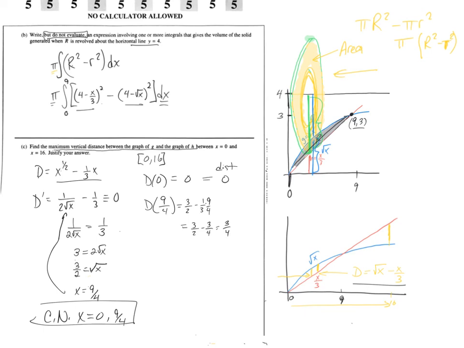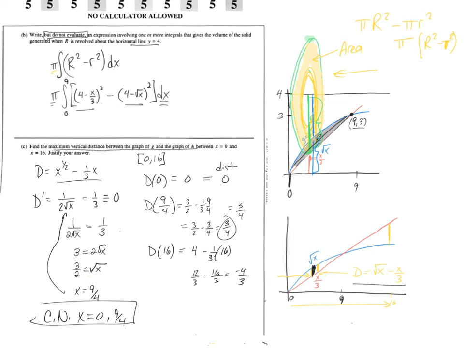And then d of 16 is 16 to the 1/2, or the square root of 16, which is 4, minus 1/3 of 16. That is 12/3, which is 4, minus 16/3, which gives us negative 4/3. So our d function gave us 3/4, which is probably right around here.